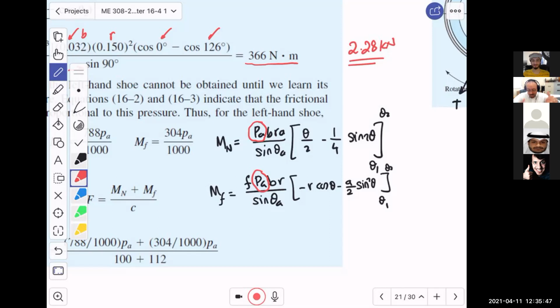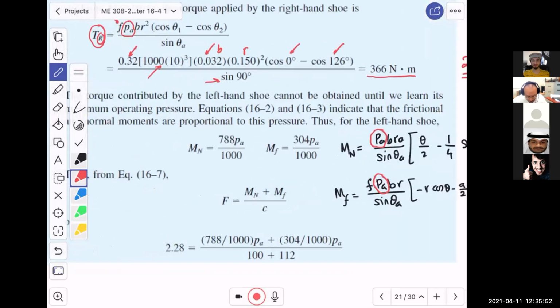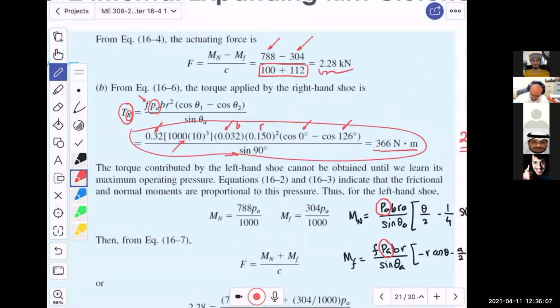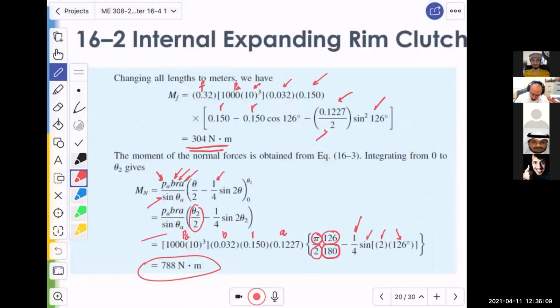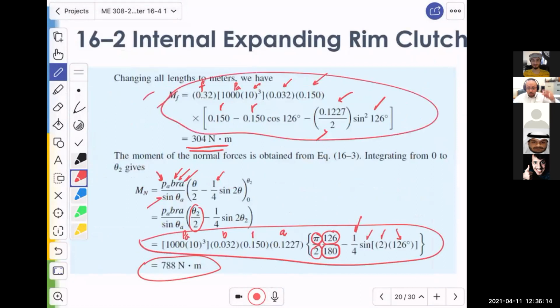So in the book here, in the solution, what did he do? He said, okay, the only difference between the right shoe and the left shoe is the P. So instead of solving all of this again and all of this again, because if you solve it for the left shoe, do you know what you are going to do?